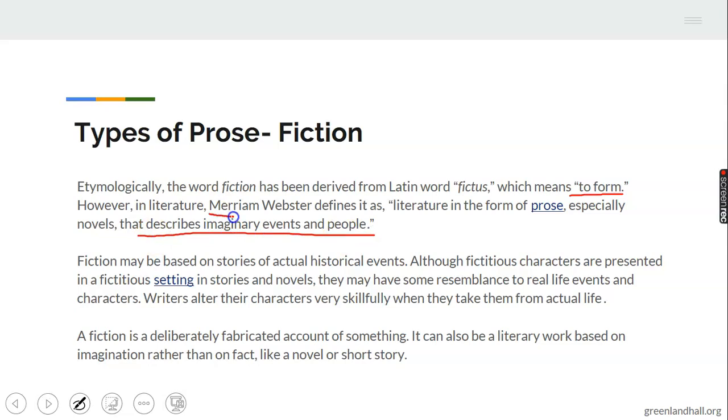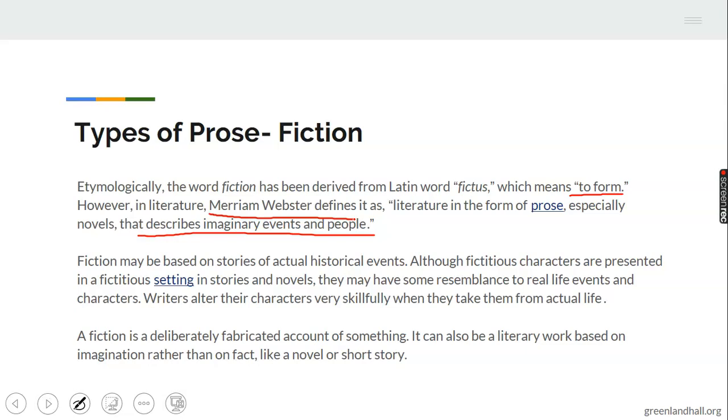Merriam-Webster describes it as imaginary events or people. And from my own perspective, fiction is imaginary writing, product of your imagination.